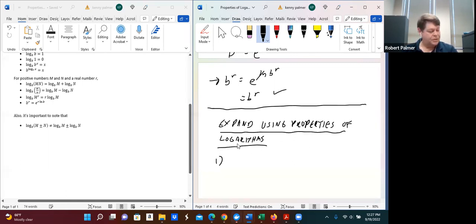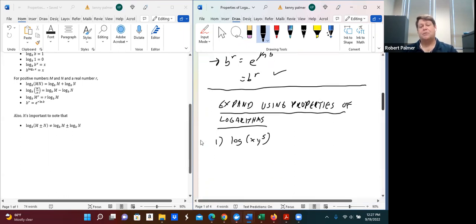Okay, so number one. The log, let me write that a little bit better. The log of, remember that's log base 10, it just says log of x times y to the fifth.